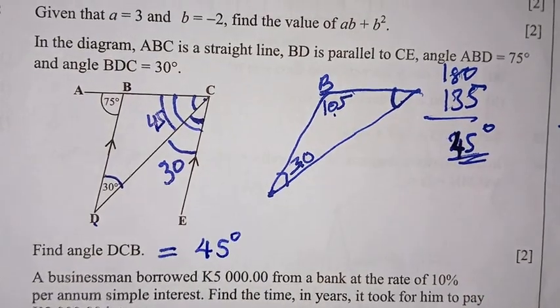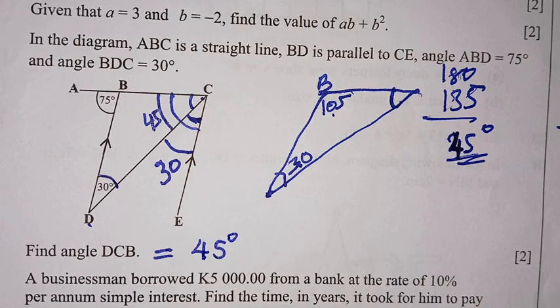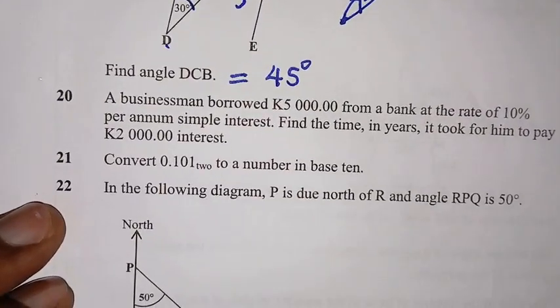I'm sorry about the subtraction error that I had committed here. Okay, so basically this is the answer here. So that is what we need to know in the case of this one. Can we do another one?